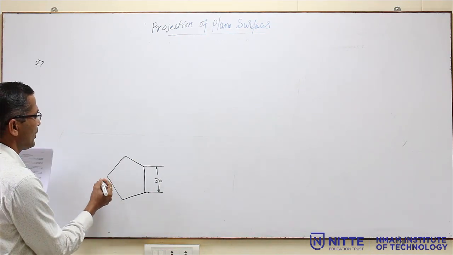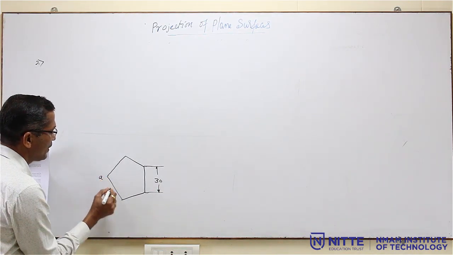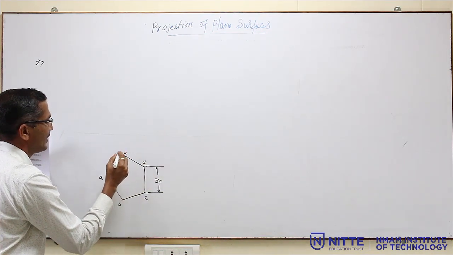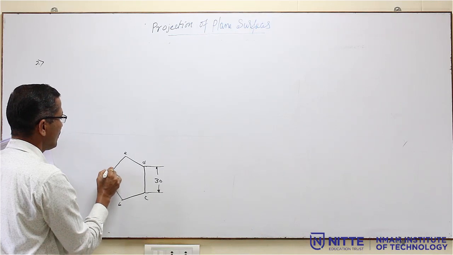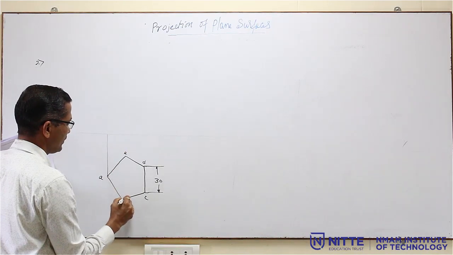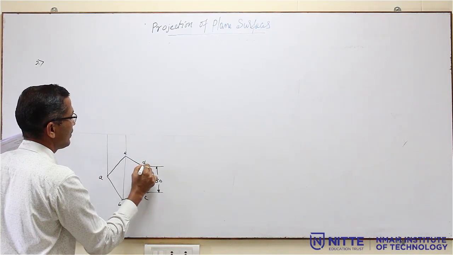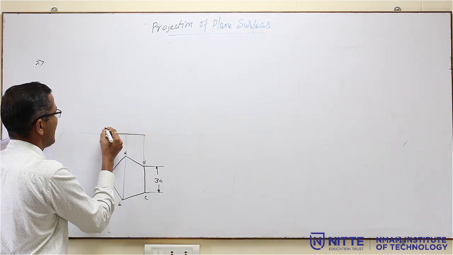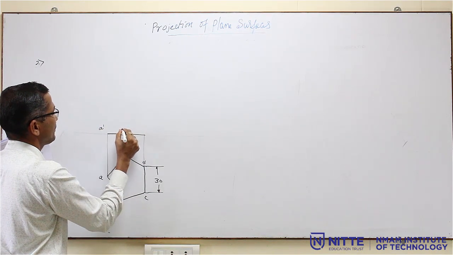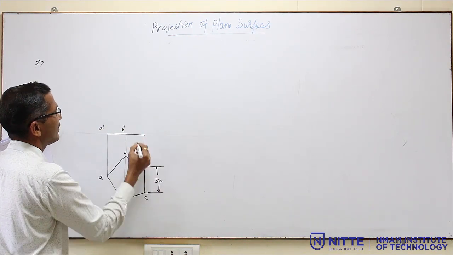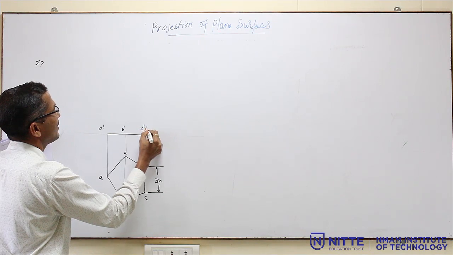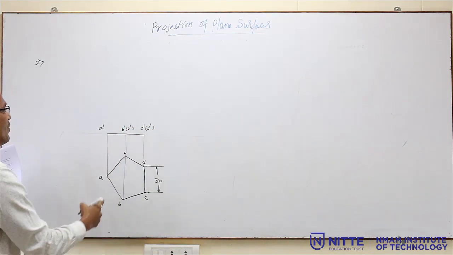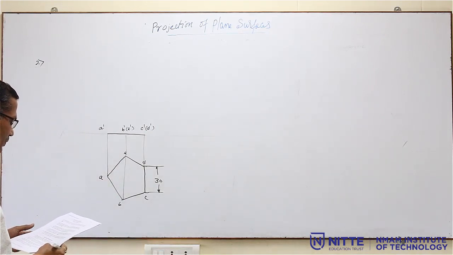So, that is why you have to get a corner here and name this A, B, C, D and E. Then project all the points up and draw the front view and name it as A dash, B dash, C dash and E dash. So, this is the front view and top view in the initial position.